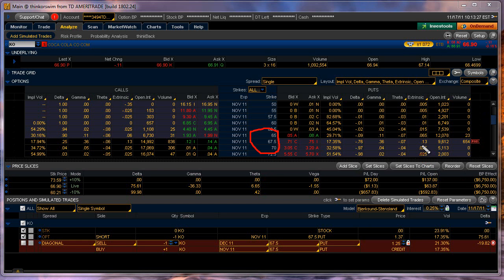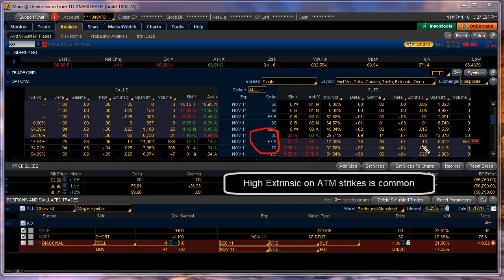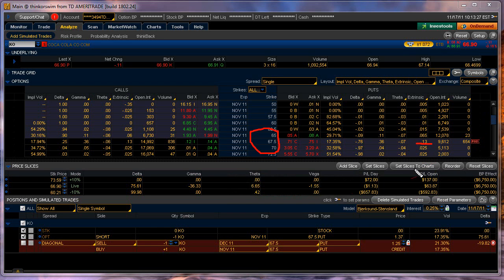Our extrinsic is 13 cents, well, that's the time value. It has a lot of time value today, which is kind of unusual. The theta is 7 cents, so it's telling me it's going to drop 7 cents either today or tonight, and it'll be down to like 6 or 7 cents tomorrow.